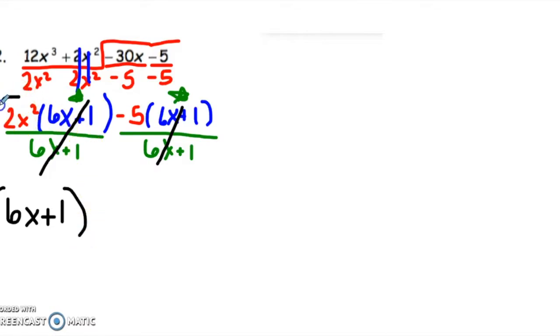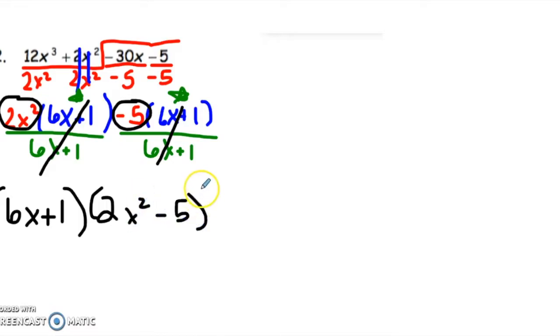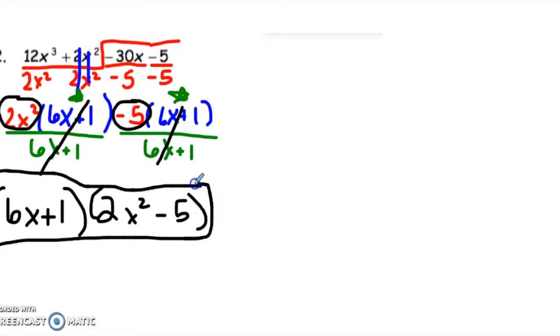And then the pieces that are in front will make up your second binomial. So this is our answer for number 2. That is the ugliest box I've ever seen, but this is your answer.